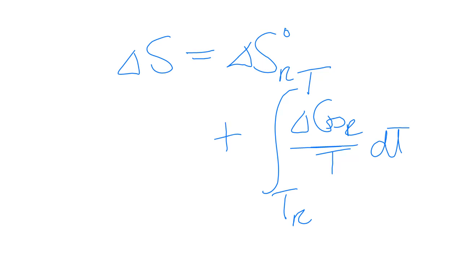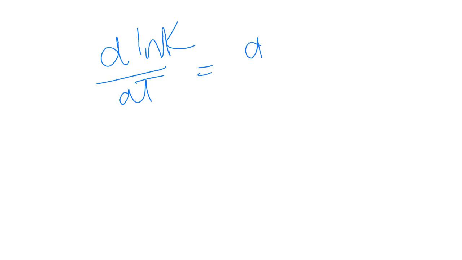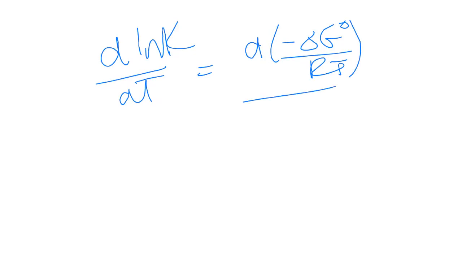So if I now finally want to put that all together, it takes 3 or 4 pages in Smith, Van Ness, and Abbott. I need to realize that what I'm actually interested in is how does ln K change with temperature. So I'm interested in d of minus del G over RT dT.